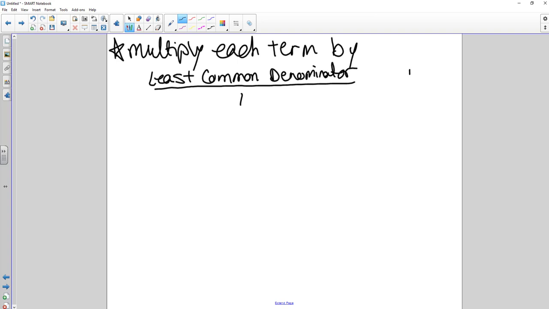Okay, for short, I'm just going to jot down times the LCD over 1. So we'll see why we use this strategy when we do an example.